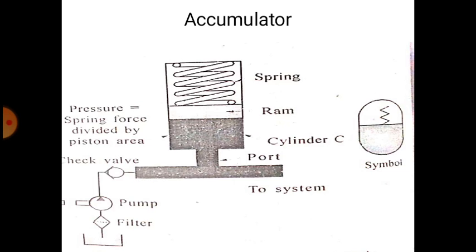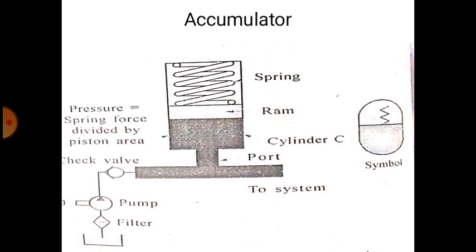We can see the ram which is moving inside the cylinder. The port of the accumulator is connected to the pipeline of the system, and we can see the symbol of the spring loaded accumulator. When you start the pump, the oil pumped by the pump flows towards the check valve, the check valve opens and the oil moves towards the actuator.